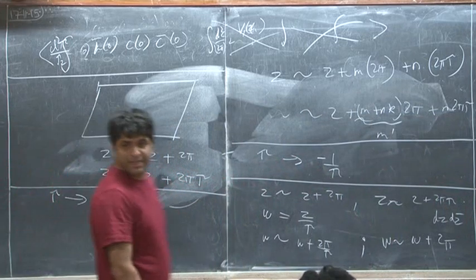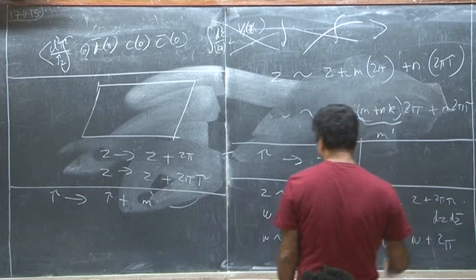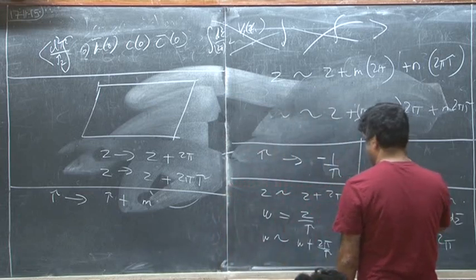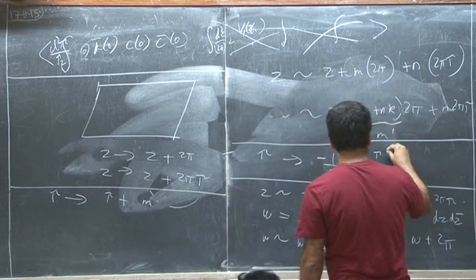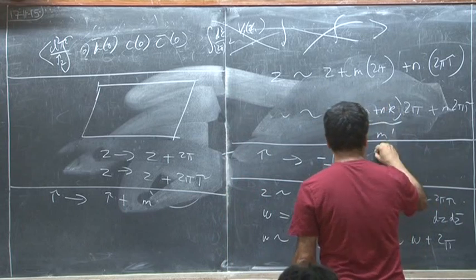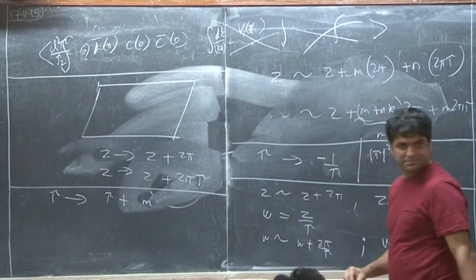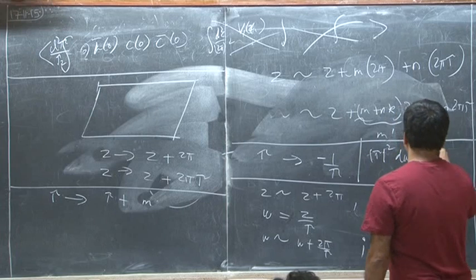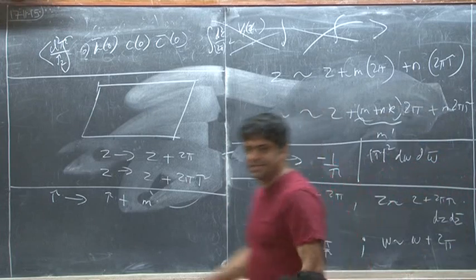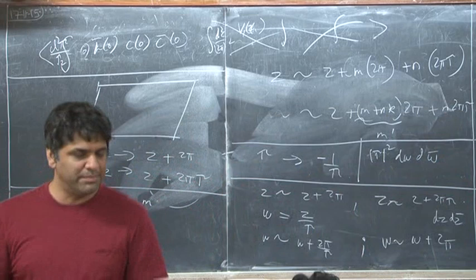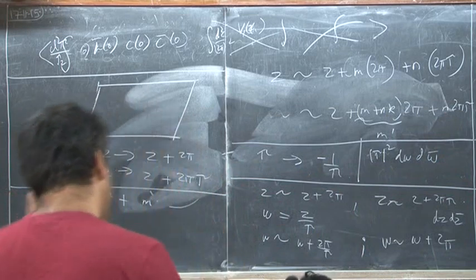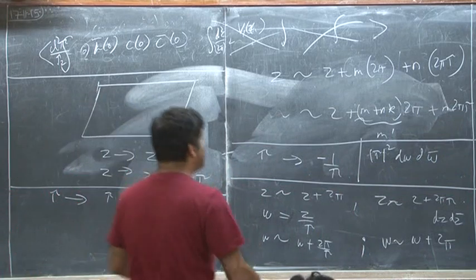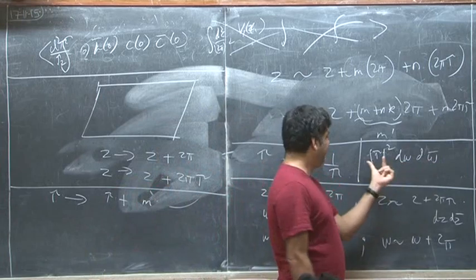Now what's the metric in terms of W? In terms of W, the metric is mod tau bar squared dW dW bar, just substituting dz bar and putting z equal to tau w. Okay? So the metric in W remains flat up to this conformal factor.